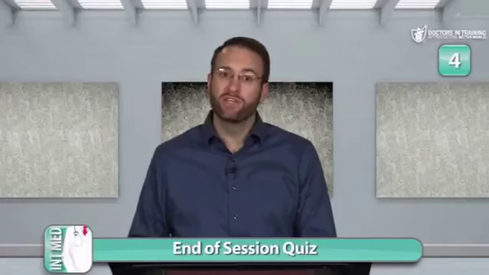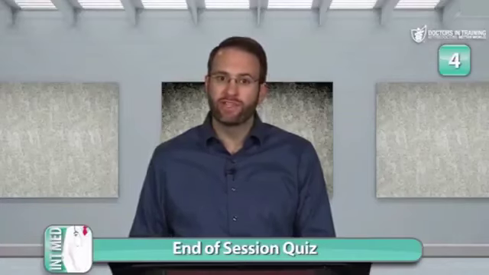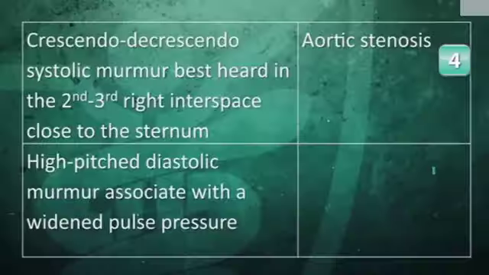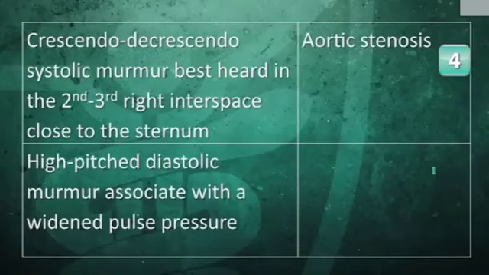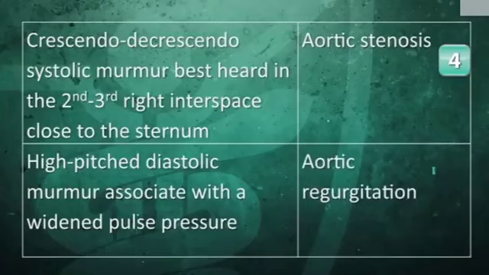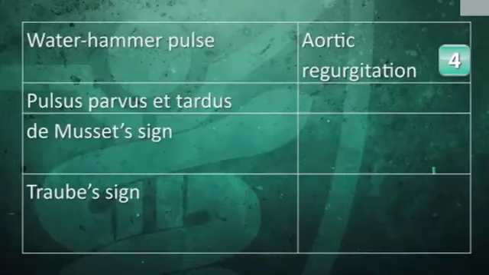Next, what lesion is associated with the following exam findings? First, crescendo decrescendo systolic murmur, heard best in the 2nd or 3rd right intercostal space close to the sternum, and that's going to be aortic stenosis. High-pitched diastolic murmur associated with a widened pulse pressure, aortic regurg. Water hammer pulse or bounding hyperdynamic pulses, this is going to be your aortic regurg.